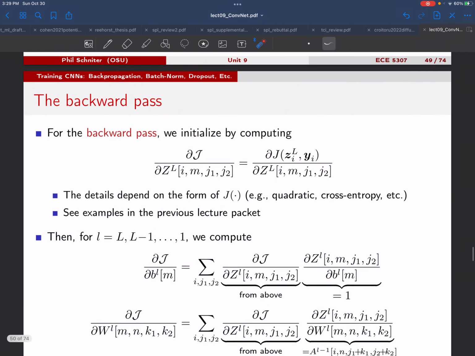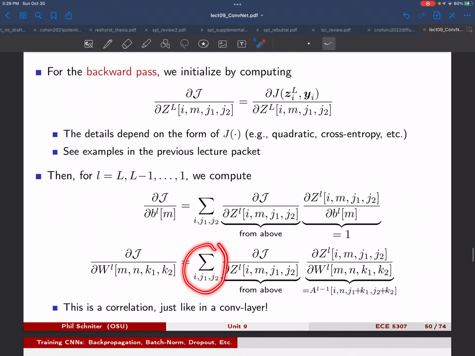So when we do this multivariate chain rule here, we have the sum over I, J1, and J2. This we already computed, and this is pretty straightforward.